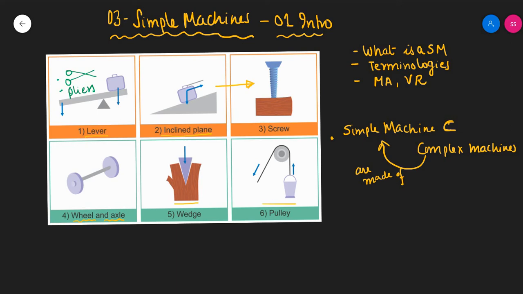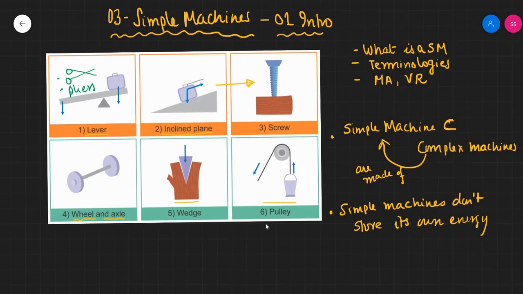And the second thing is simple machines don't store their own energy. So there could be many definitions, but these two could be a very basic definition for what a simple machine is.